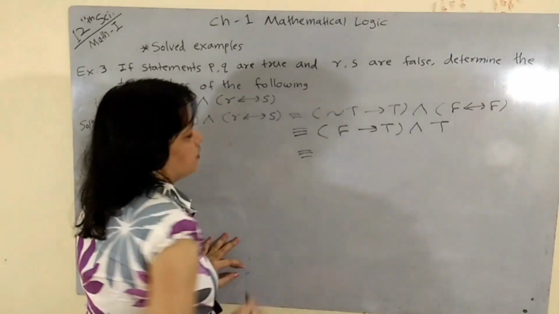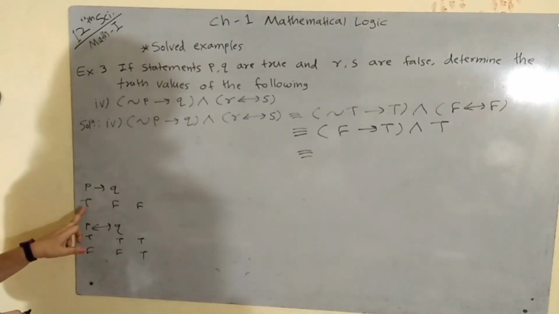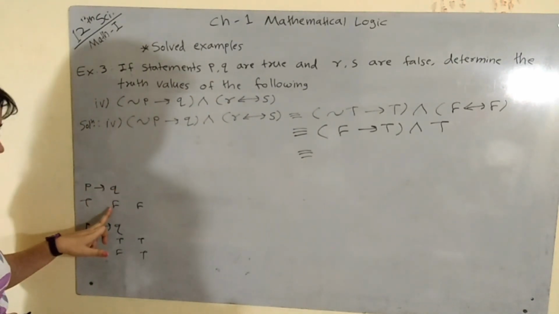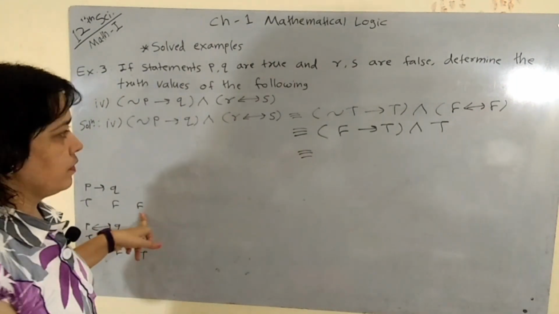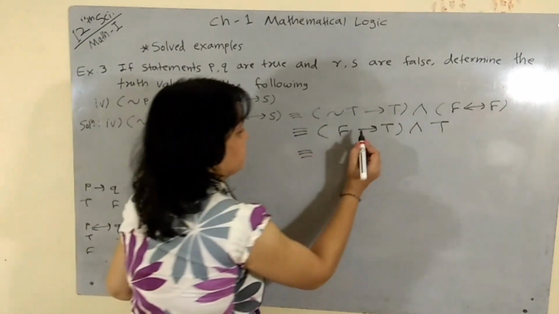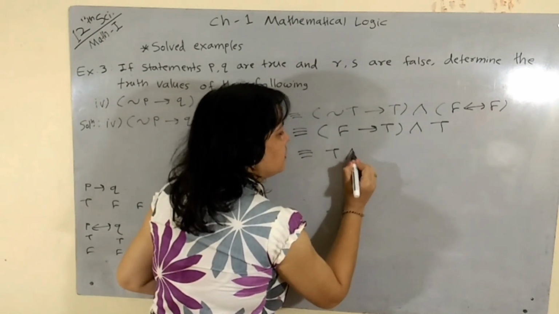And for implication, we know that if first is true and second is false, then its truth value is false. Otherwise, it is true. So, its truth value is true and true.